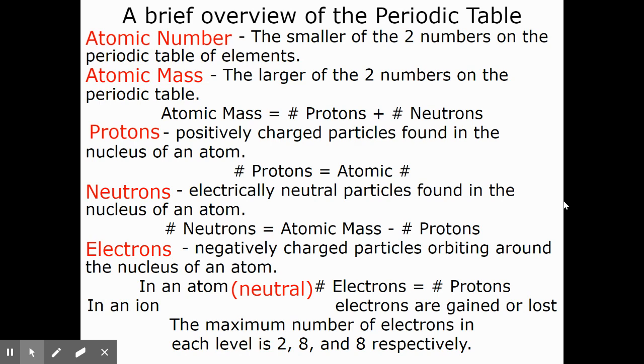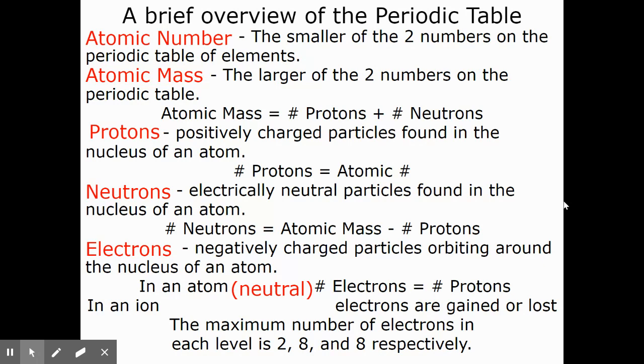They have to balance. Okay? If you have a plus 1 and a minus 1, if you put those together, you end up with 0. If you have a plus 2 and a minus 2, that's 0. If you have a plus 8 and a minus 8, that's a 0. That's a neutral charged atom.